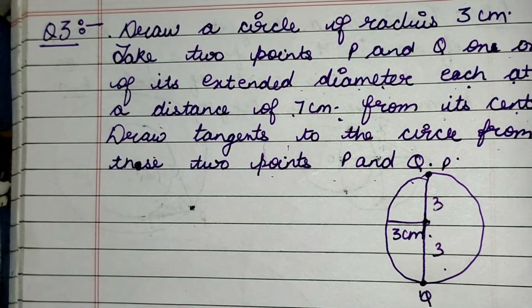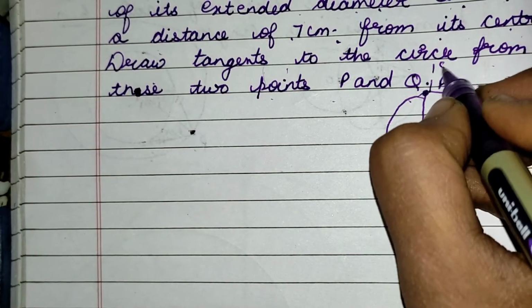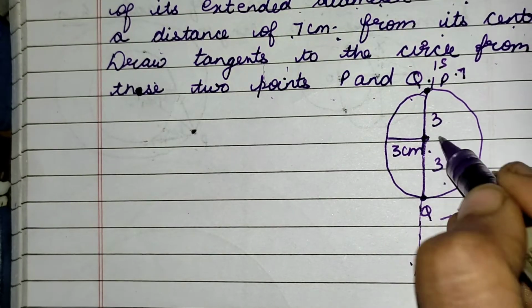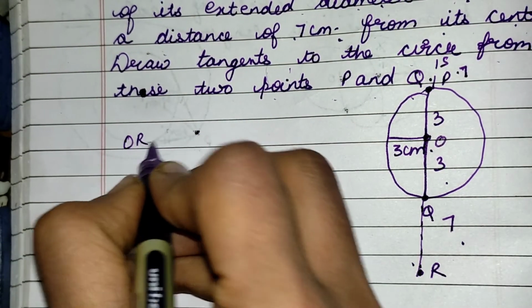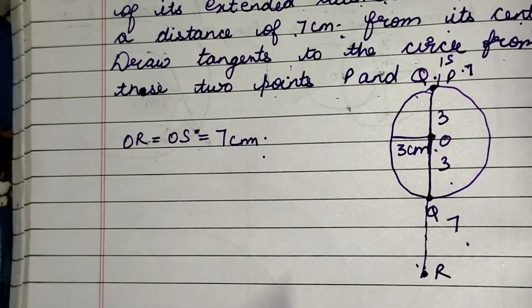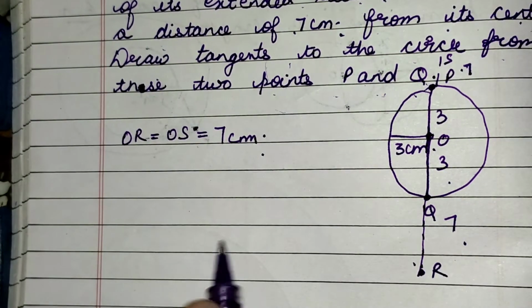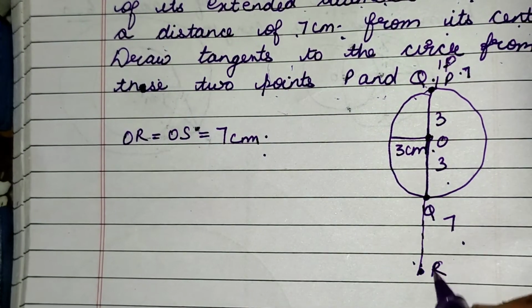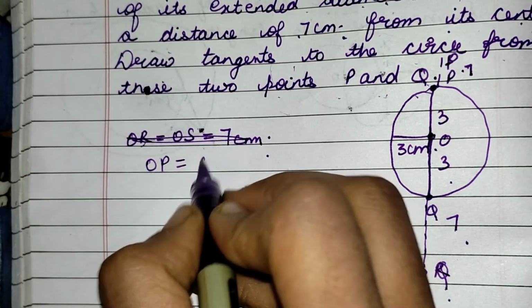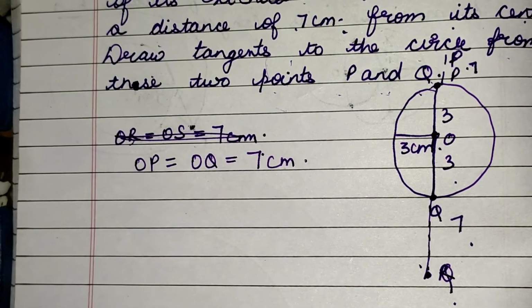From its center, 2 points are given, suppose this is R and this is S. This is 7 centimeter and this is also 7 centimeter. That means OR is equal to OS is equal to 7 centimeter. Then draw tangents to the circle from these 2 points. So OP is equal to OQ is equal to 7 centimeter.